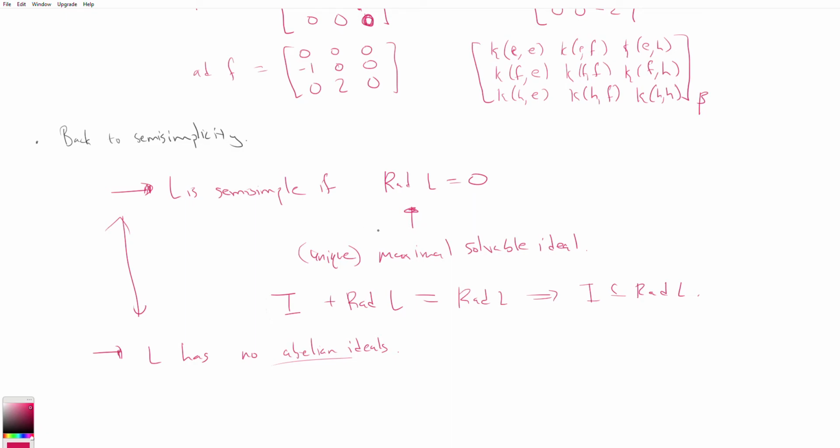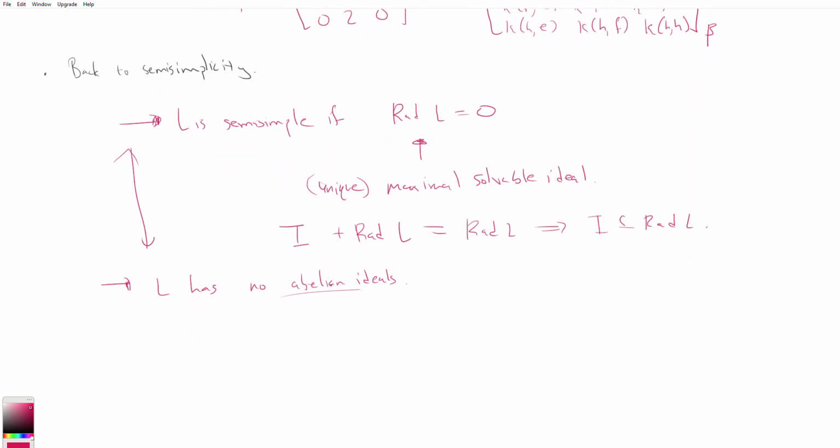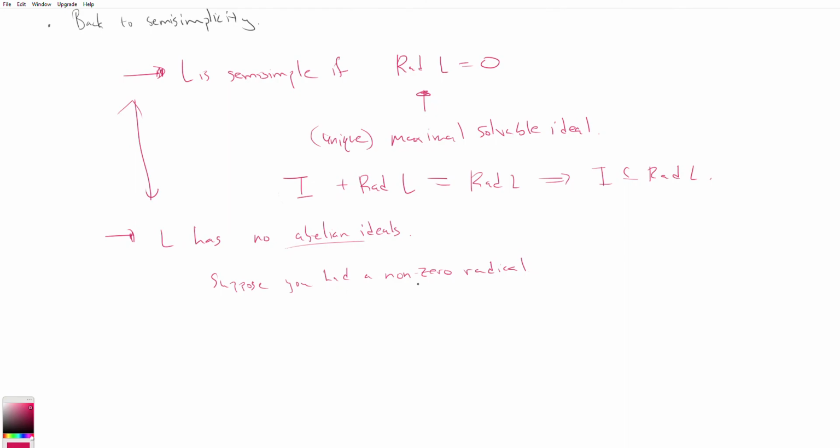You can construct an abelian ideal, because let's say you had a non-zero radical, right? So suppose you had a non-zero radical. Well, then this radical is solvable, right? It's a maximal solvable ideal.